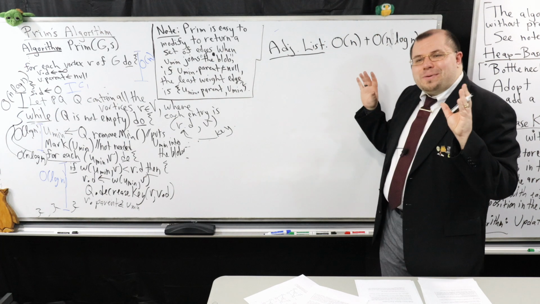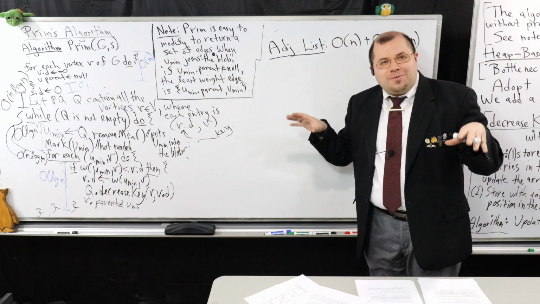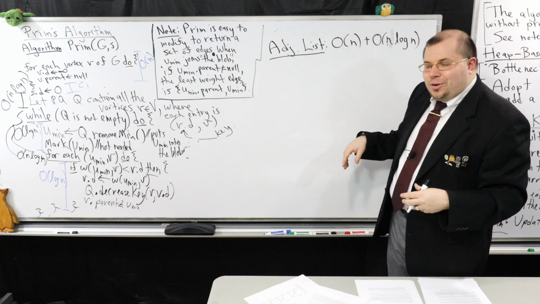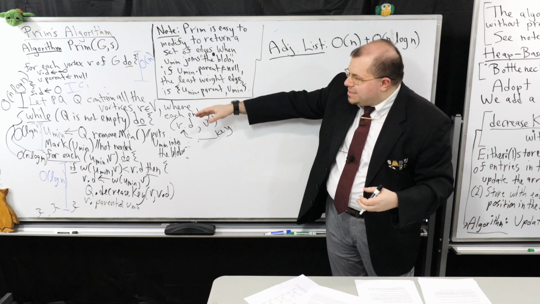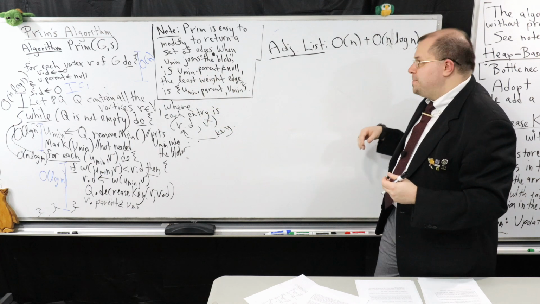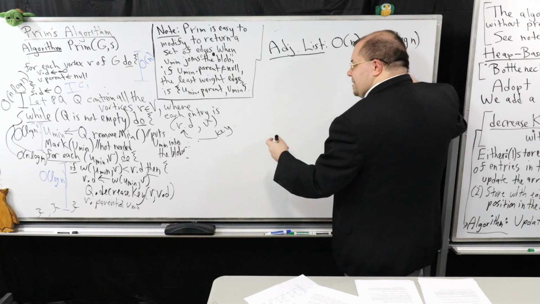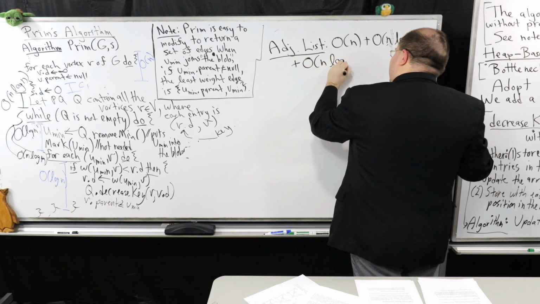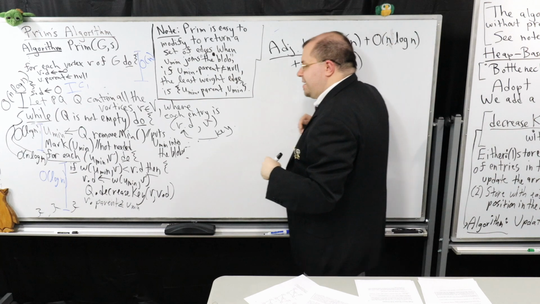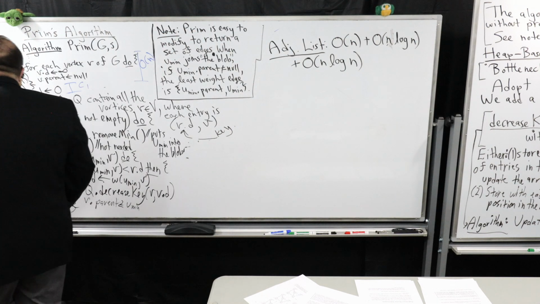So this is a little bit unusual from the kinds of counting that we've done in the past. So I'm going to rip open this while loop and I'm going to count parts of the code as frequency with the outermost while loop. So that part right there, we know that's big O of n log n, right? Because I go through each one of the vertices, I apply remove min, right?